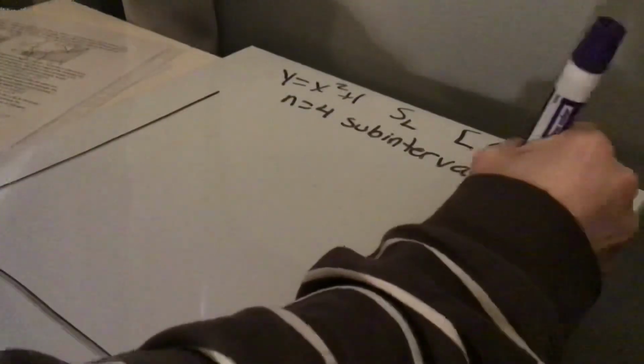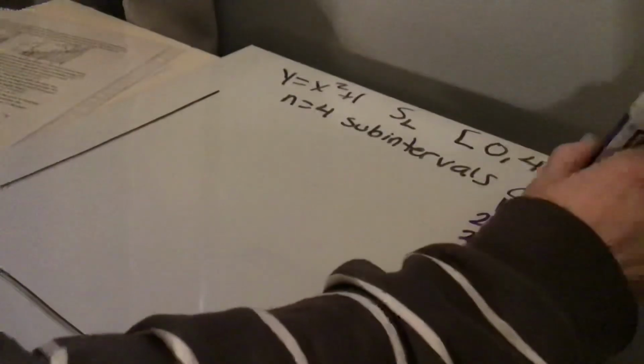Okay, so when x is 0, y is 1. And then 4 intervals. So I'm taking 0 to 4, and I'm dividing it into 4 equal parts. So it's going to be at 0, 1, 2, 3, and then 4 is where it ends.